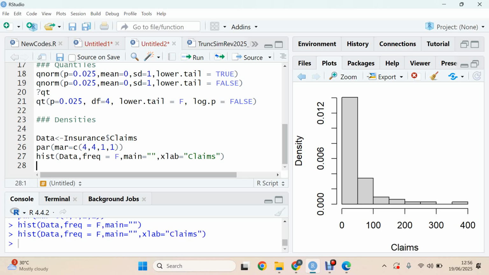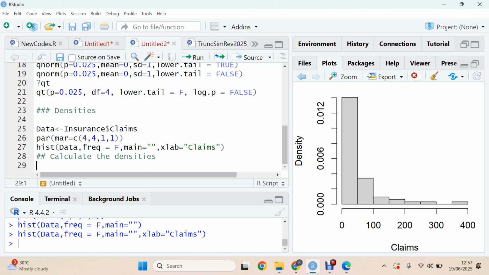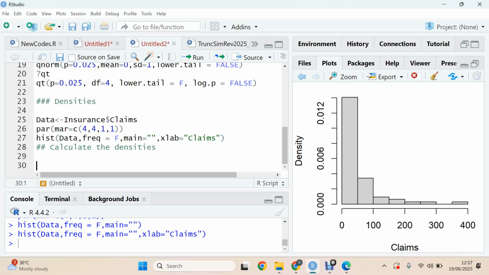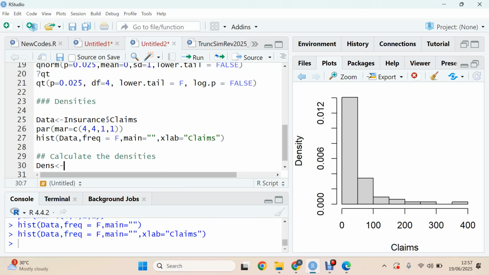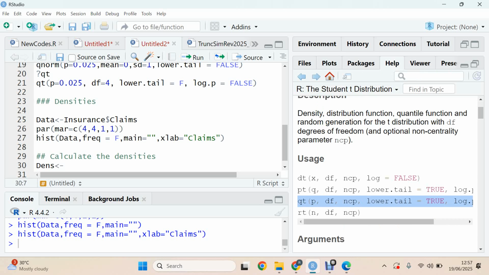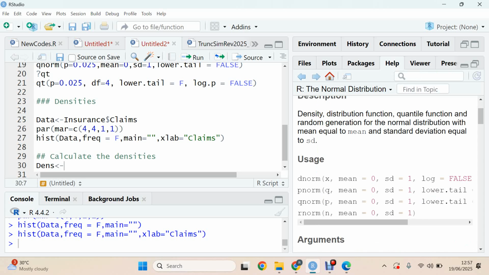Okay. Now we are going to get the density. So we calculate the densities, and I call it dense. I can go back to help. If we want the density of the normal distribution, it should be dnorm, right?